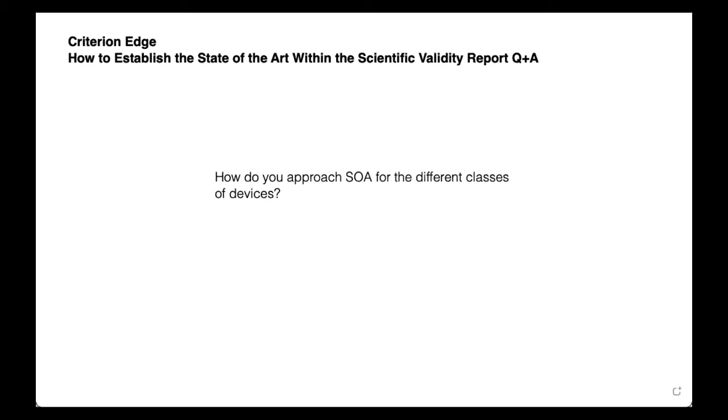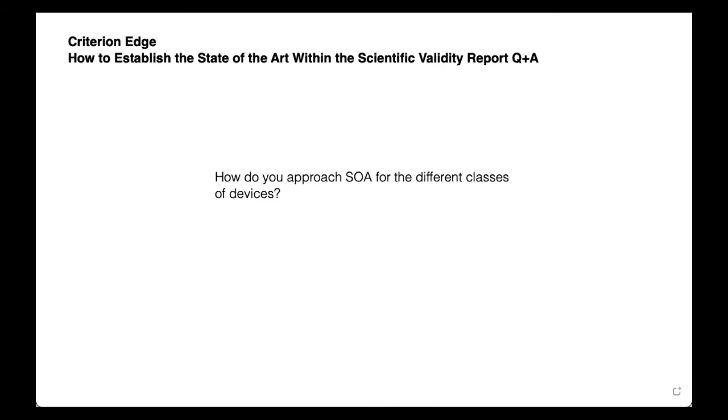So all of the nuances, the differences in classes that you're going to be discussing, will be more reflected in your CPR and your APR, to ensure that you are mitigating any risk of an improper diagnosis. But the SOA will be largely the same for all different classes.